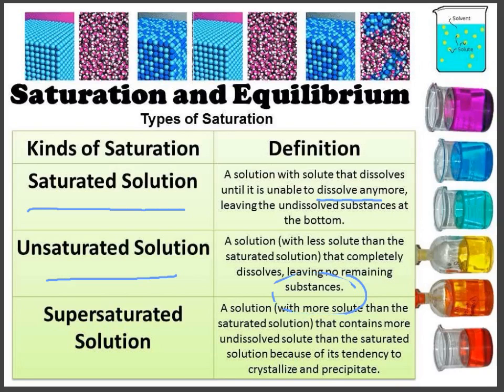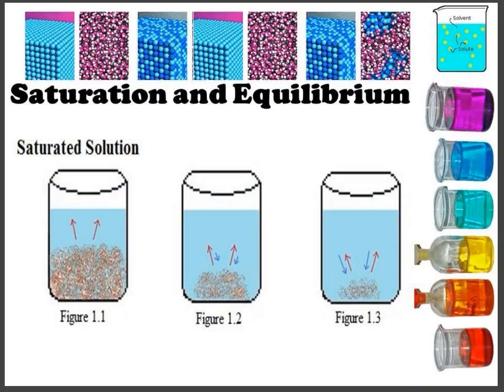It contains more undissolved solute than the saturated solution because of its tendency to precipitate and crystallize. So there is more undissolved solute in a supersaturated solution compared to an unsaturated solution and a saturated solution.